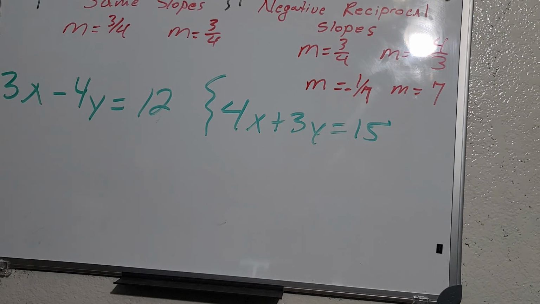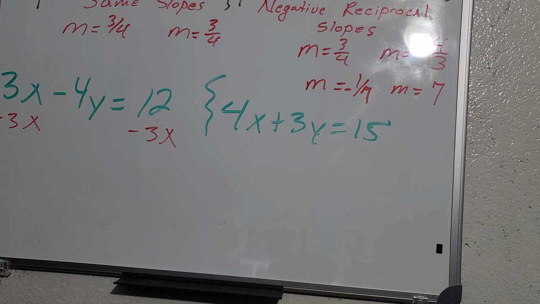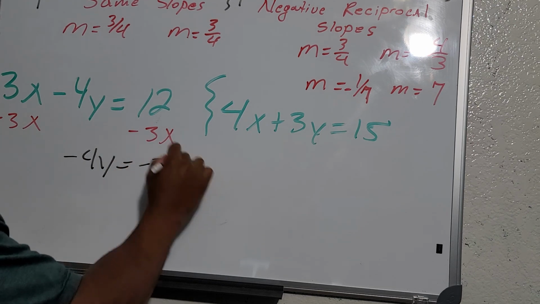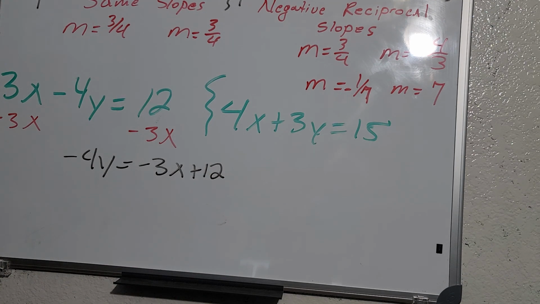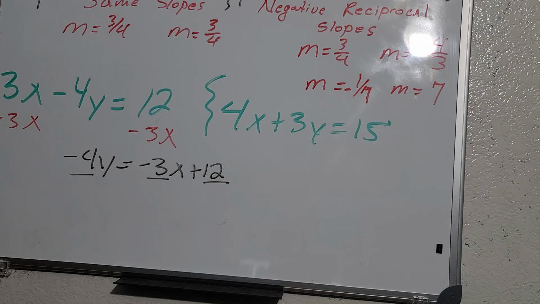Here, I want to see, are these lines parallel, perpendicular, or neither? So in order to do this, I need to solve it for y. I'm going to do the opposite of a positive 3x. I'm going to subtract 3x from both sides. In doing so, it'll leave me with a negative 4y is equal to a negative 3x plus 12. And the last thing here is I will divide each one of these by the coefficient of y.